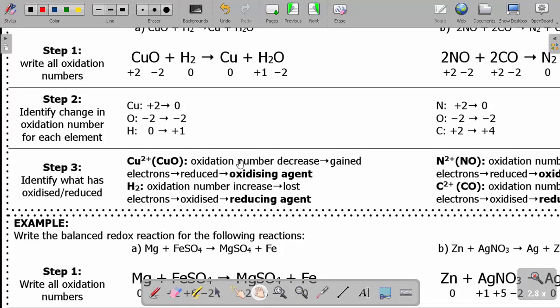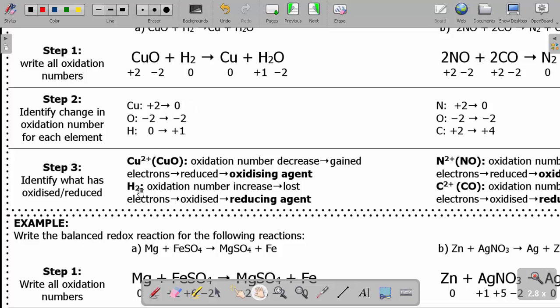The copper 2 ions, oxidation number decreases, net has gained electrons and been reduced, so it's the oxidizing agent. So the copper 2 ion is the oxidizing agent. Why? Because it has reduced from 2 to 0, so it becomes the oxidizing agent.